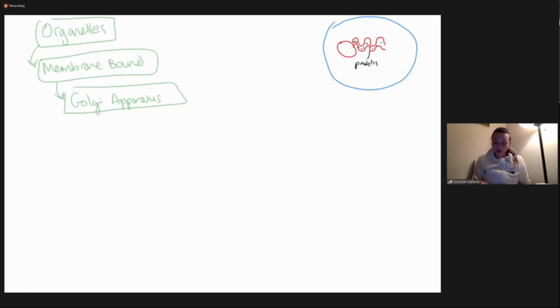Well, the Golgi is the key to getting them to leave. So let me put that Golgi in black. So Golgi apparatus kind of looks like this. It's connected to the rough ER. And this is the Golgi.